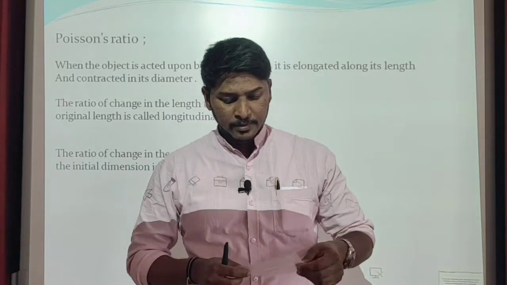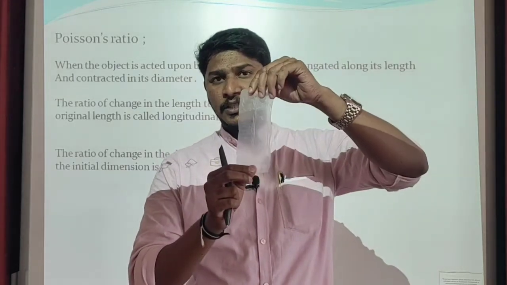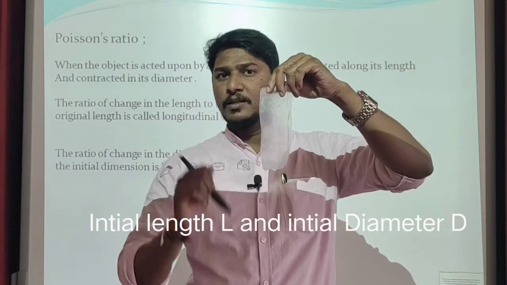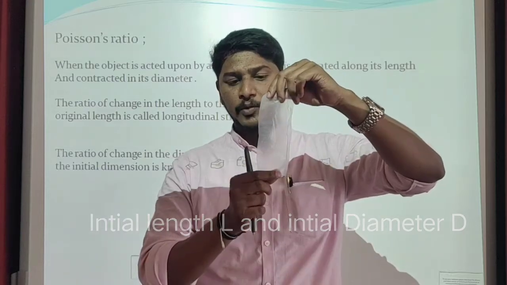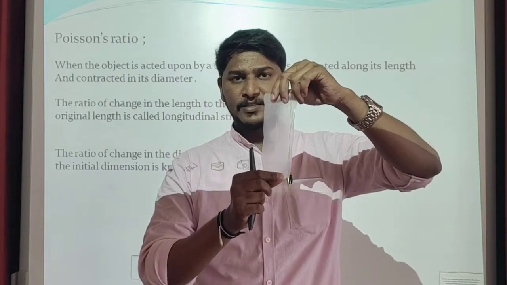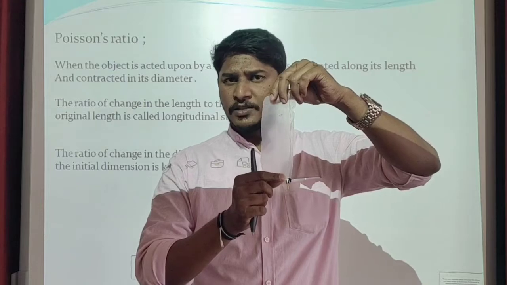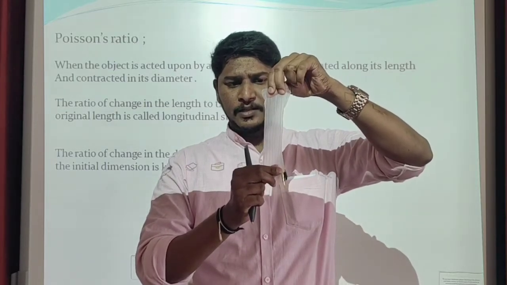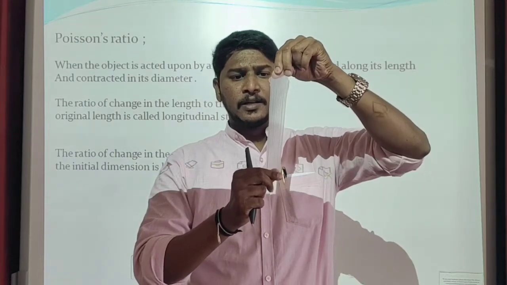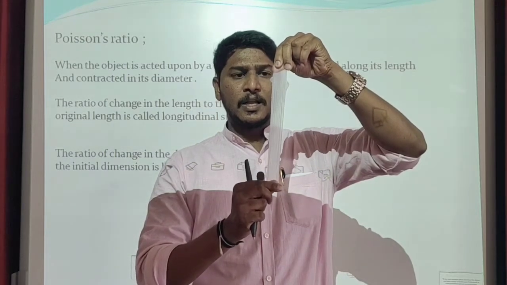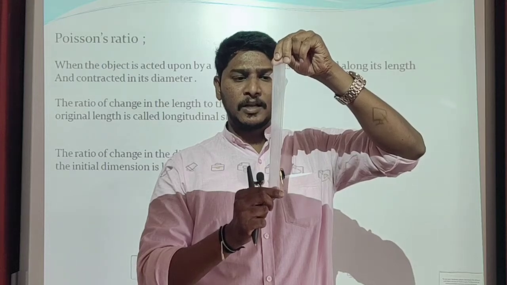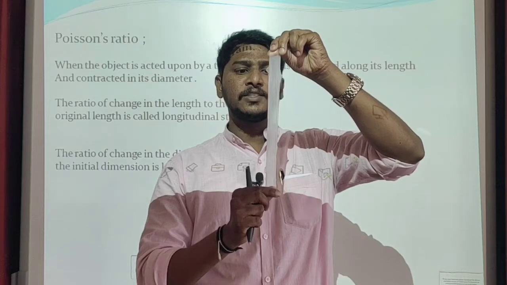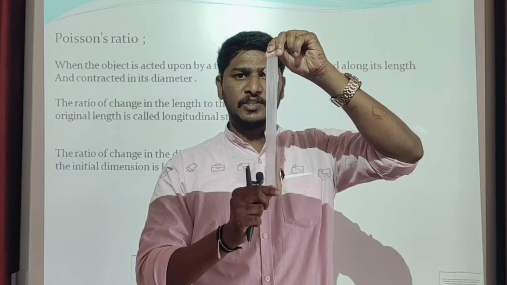Here, I have taken one object. It has some initial length L. Then I am going to apply a tensile stress or longitudinal stress. Here you can see that there is an increase in the length of this object, and also a decrease in its dimension.